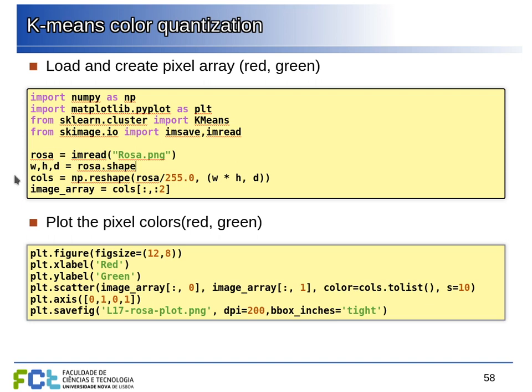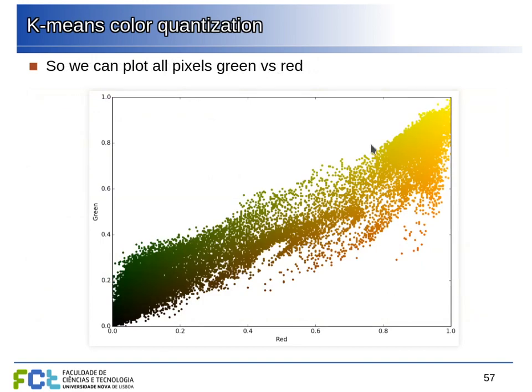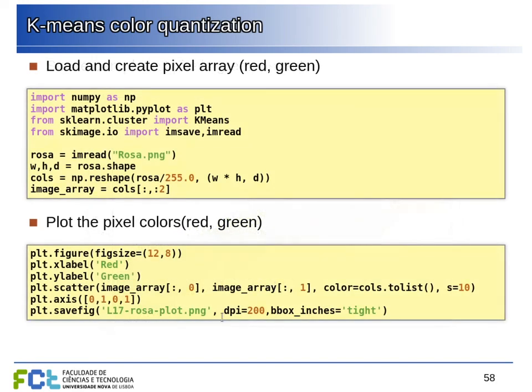And then we have a matrix that has as many rows as the number of pixels in the image, the width times the height, and as many columns as the number of channels that we have, red, green, and blue. And now we just throw away the last column, the blue, and retain only the first 2. So this will be the set of coordinates for all the pixels in the data, which are these coordinates that I'm plotting here. These are all the pixels in the image that we have.